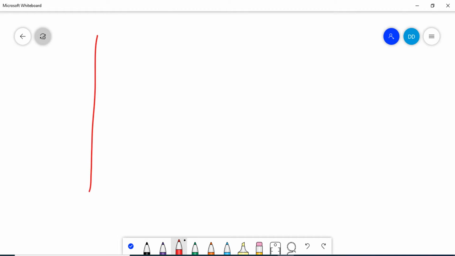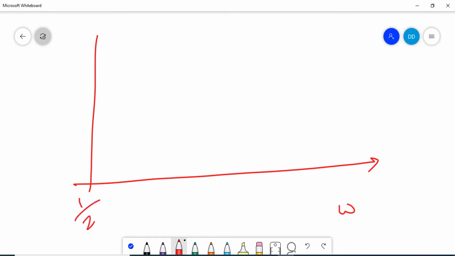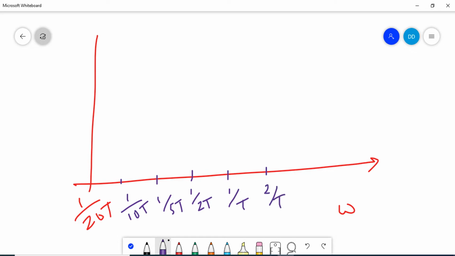So on the axis, this is omega. This is 1 by 20t. The next marking here will be 1 by 10t. Here it is 1 by 5t, 1 by 2t, 1 by t, 2 by t, 5 by t, 10 by t.